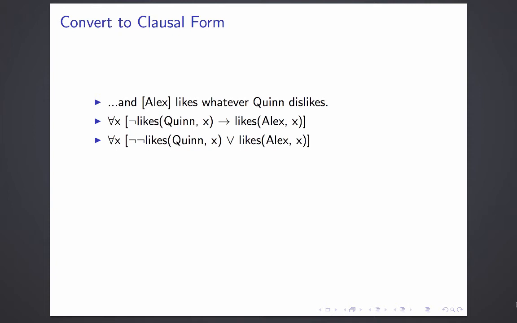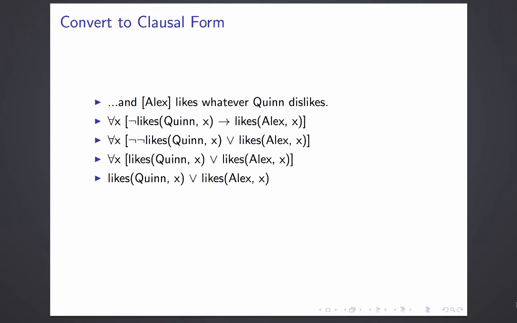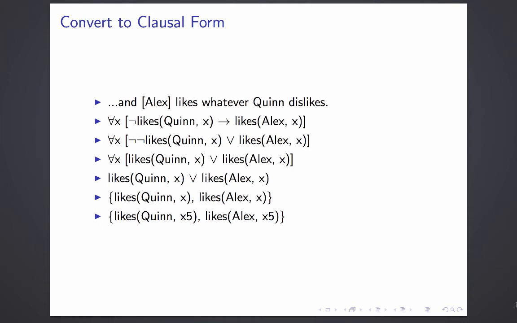Now we need to move negations to atomic formulae, which means that we eliminate the not, and we have a disjunction at this point. We can drop the universal, convert to clausal form, rename the variables using x5.